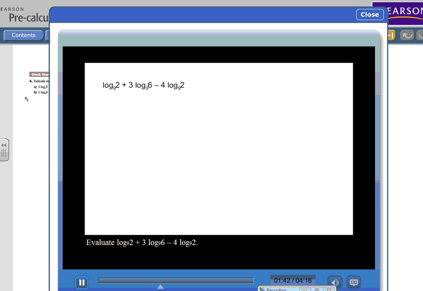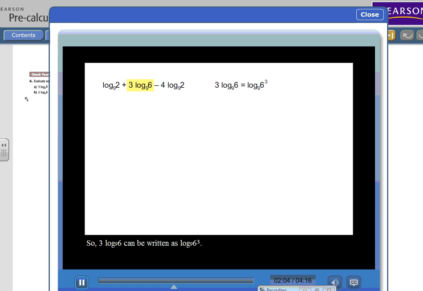Part B. Evaluate log base 9 of 2 plus 3 log base 9 of 6 minus 4 log base 9 of 2. First, I'll use the power law. For 3 log base 9 of 6, n equals 3, b equals 9, and x equals 6.